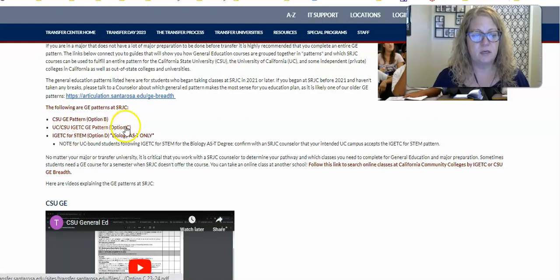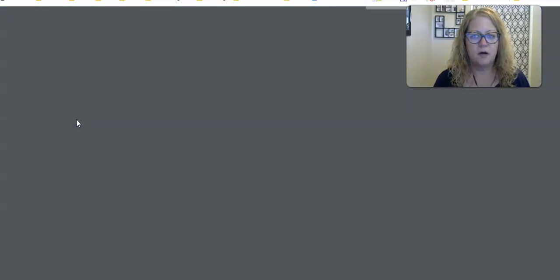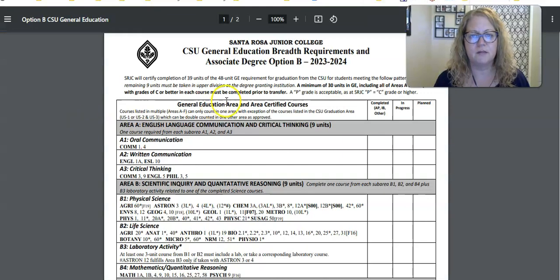That's option C. And IGETC for STEM is only used for the biology AST major, okay? So this is not something that you are going to be following unless you're getting the biology associate degree for transfer. So let's go ahead and pull up option B here and go over this.